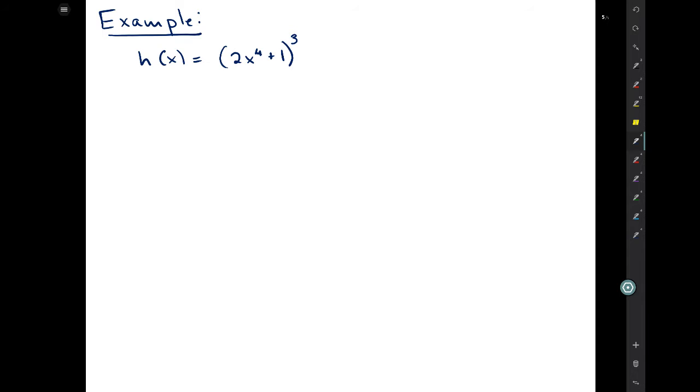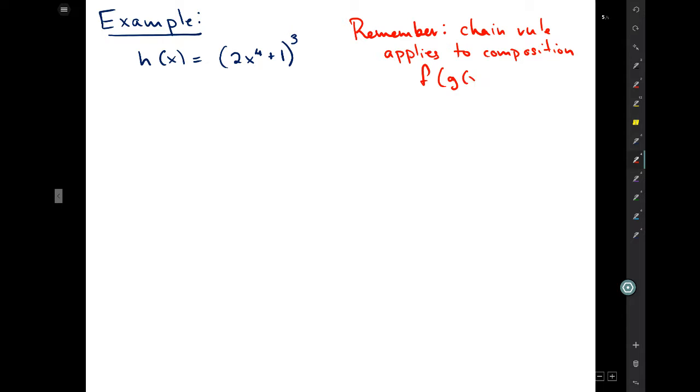So again, if I'm going to use the chain rule, I have to remember that the chain rule applies to composition, so I have to look at my function h as one function inside of another function. And I have to recognize that structure before I can apply the chain rule.